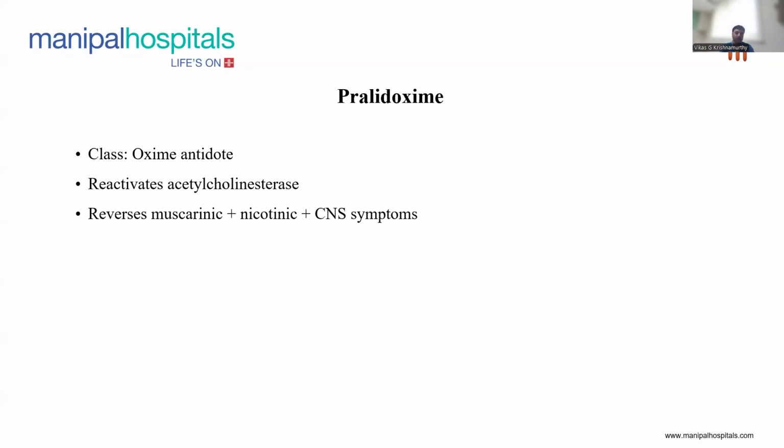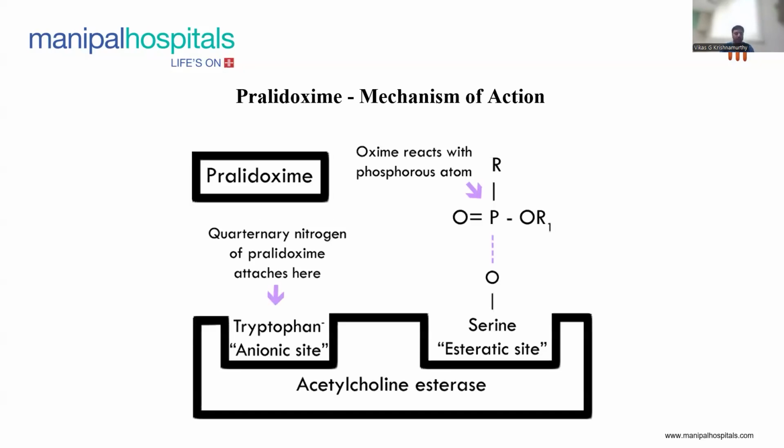Coming to pralidoxime, it's an oxime antidote. It reacts with acetylcholinesterase and reverses the muscarinic, nicotinic, and CNS symptoms. Coming to mechanism of action, pralidoxime reactivates acetylcholinesterase that has been phosphorylated by the OP compound by binding to an anionic site and cleaving the phosphate-enzyme bond, thereby restoring breakdown of excess acetylcholine and improving neuromuscular function.